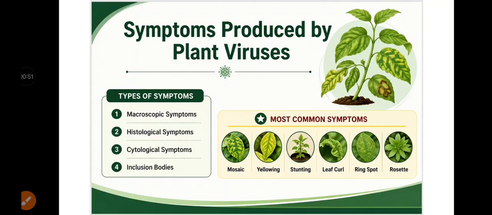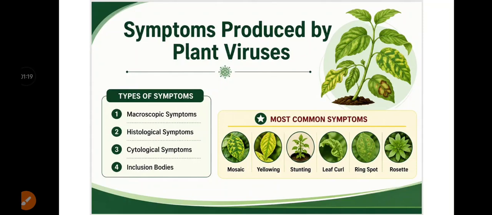What we see are symptoms, either necrotic symptoms or yellowing, curling. These are the symptoms produced by the pathogen that we see visually over the plant, because the virus hampers some metabolic activities of the plant, that's why these symptoms are produced.